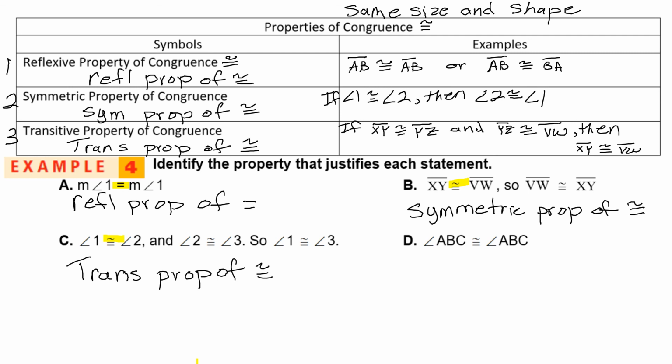Last up, angle ABC is congruent to angle ABC. Yes, that's a reflexive property. And it's not of equality, it's of congruence, because there's a congruence sign.